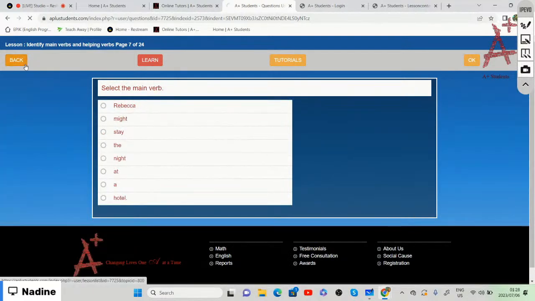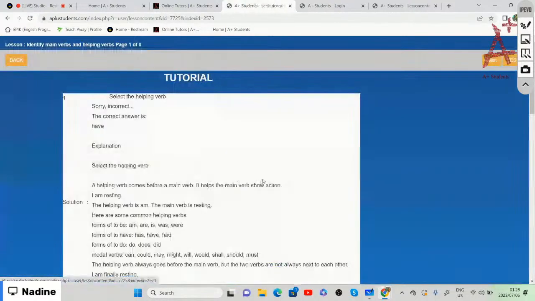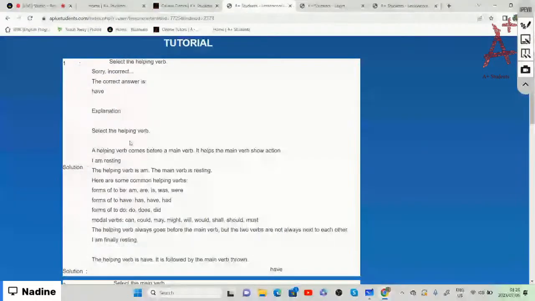All right, so now we're going to go back, right? Once again, let's go over what a helping verb is. A helping verb comes before the main verb, and it helps the main verb to show action, right?